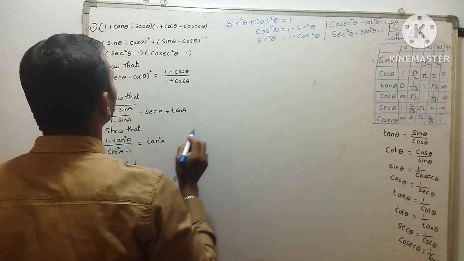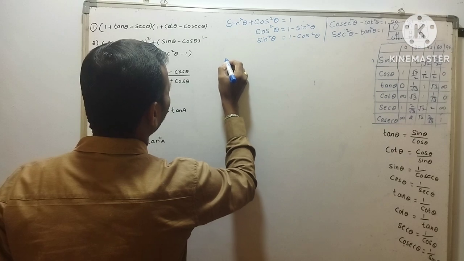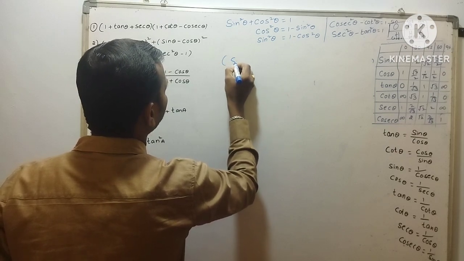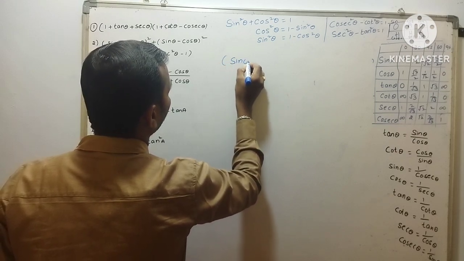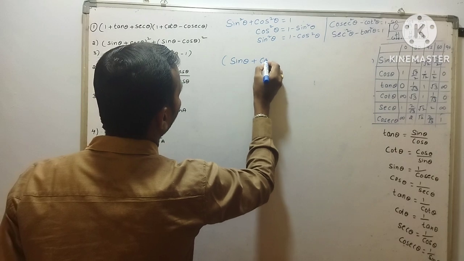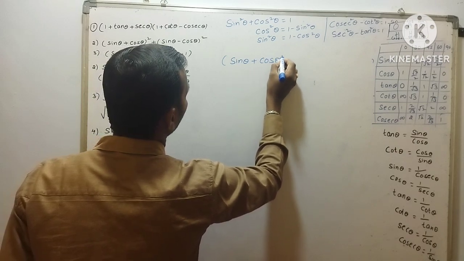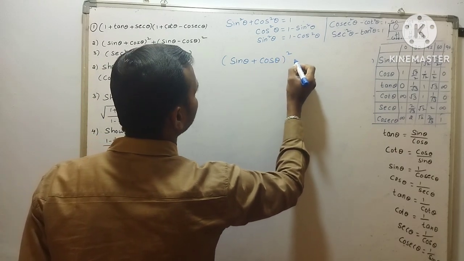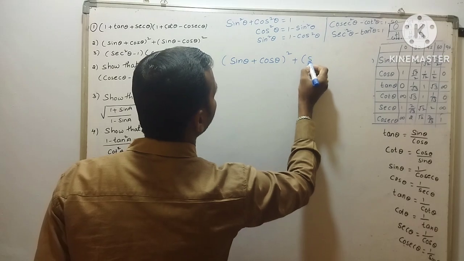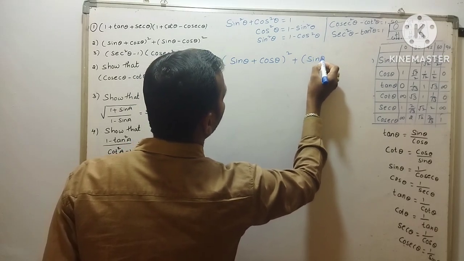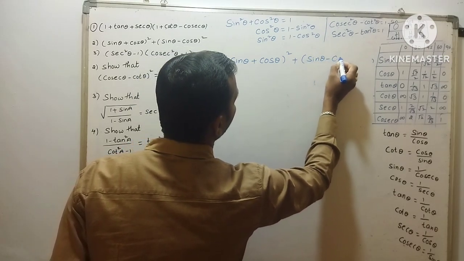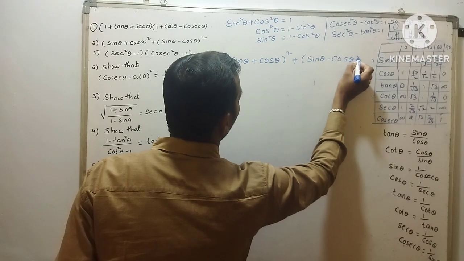What is the question number 2? Sin theta plus cos theta whole square plus sin theta minus cos theta whole square.